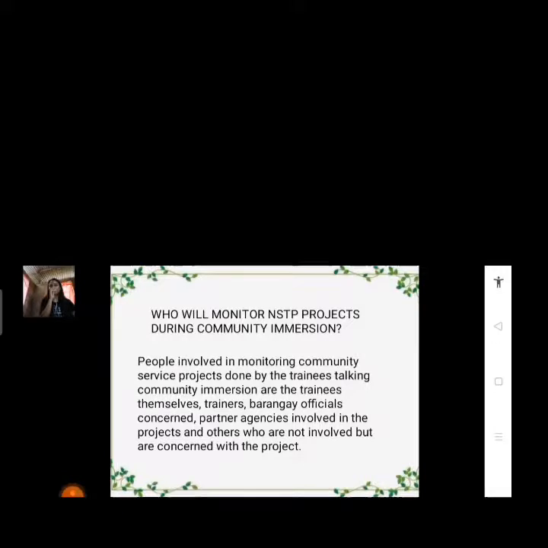People involved in monitoring community service projects done by trainees taking community immersion are the trainees themselves, trainers, barangay officials concerned, partners, agencies involved in the projects, and others who are not involved but are concerned with the projects.